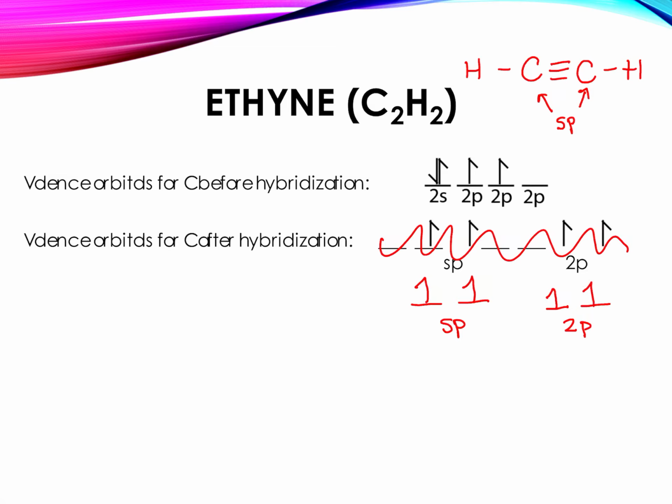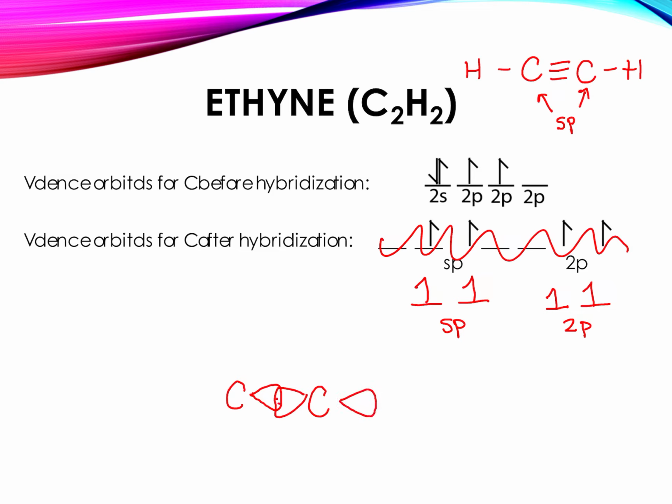Okay, so let's try and draw this. So we have our carbons, and they each will have 2 sp hybrid orbitals. So we know one is going to go to make the sigma bond here. So that's our sp.